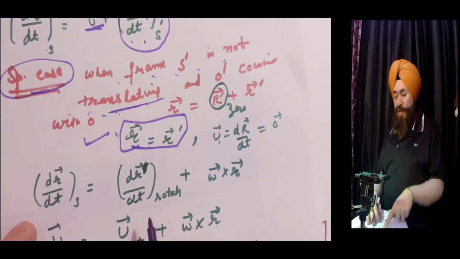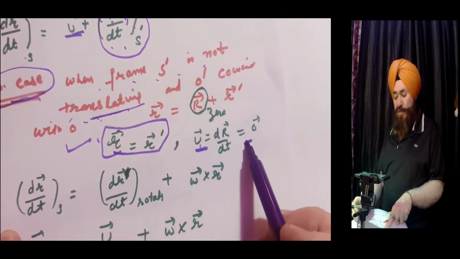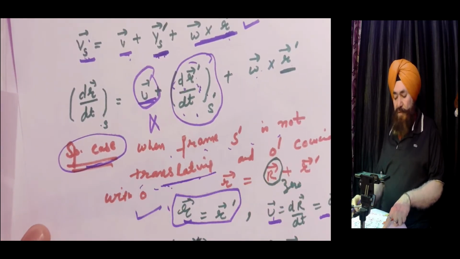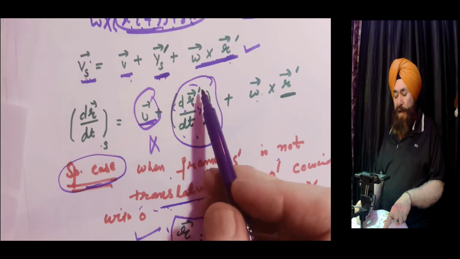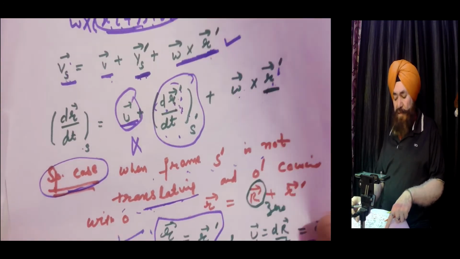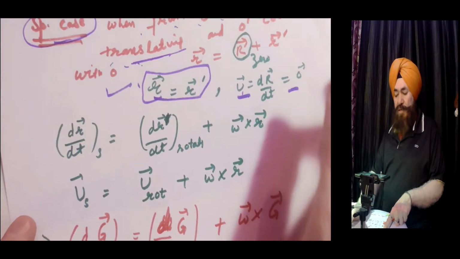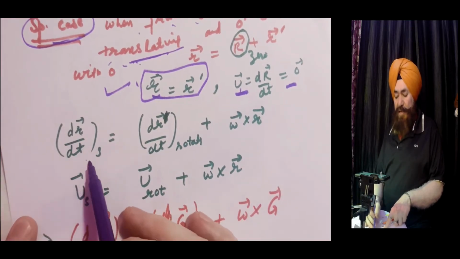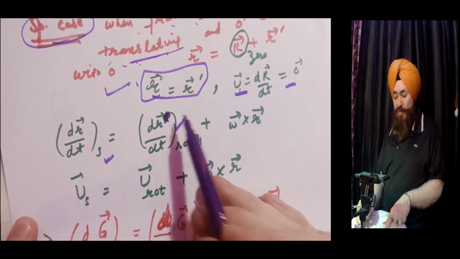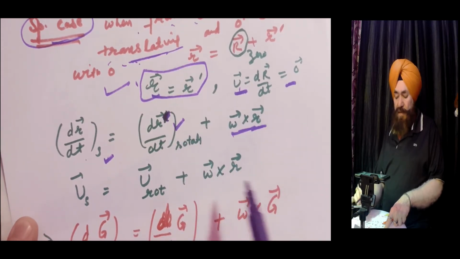So small v is 0, and r dash is r only. So the relation becomes: dr over dt in the fixed frame equals dr over dt in the rotating frame plus omega cross r.